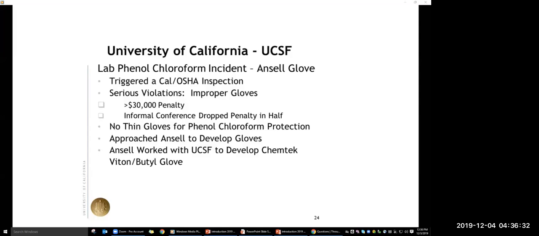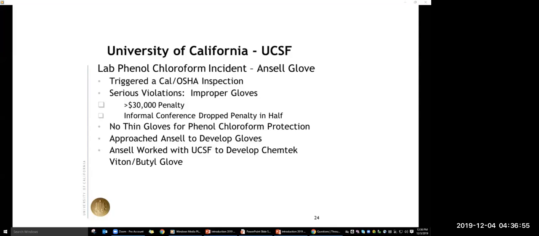Prior to the informal conference, we involved UPT, the union rep, to ensure that they were well informed about the issues regarding the violations. When we met with Cal OSHA, the union rep did not agree with what the Cal OSHA inspector wanted.